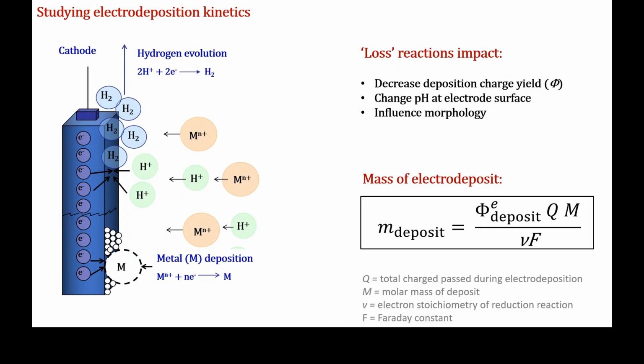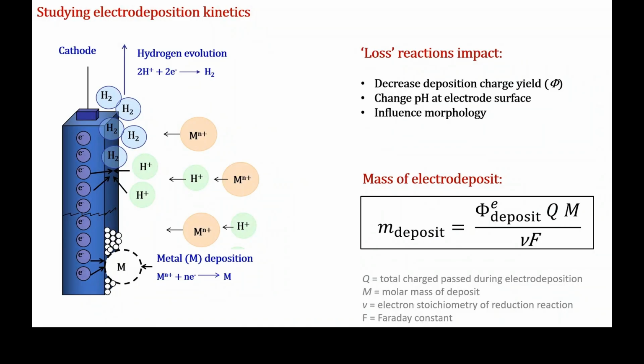And so ultimately, the amount of metal that you're going to get for the charge that you pass through the surface will depend on the charge yield of your reaction. If, for example, 50% of your current is going to nickel reduction, but 50% is being wasted on hydrogen evolution, this phi, which is the charge yield, is going to be 1/2, right?